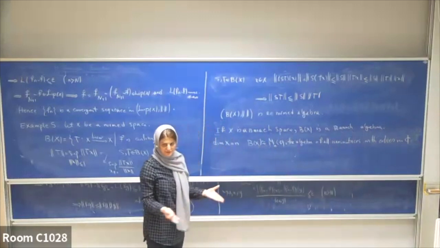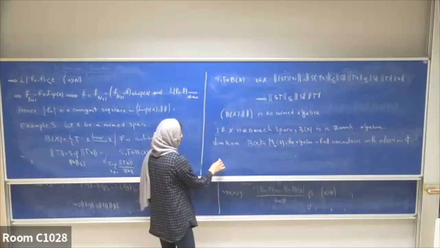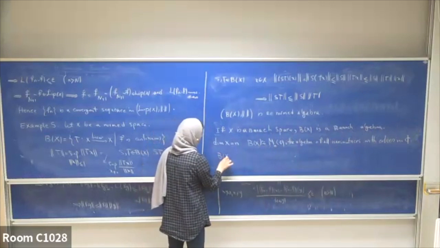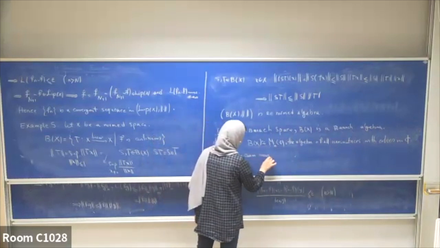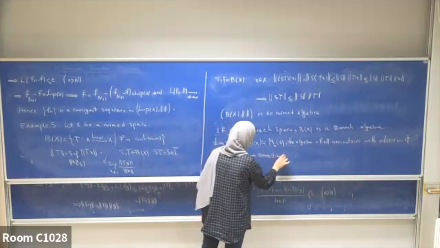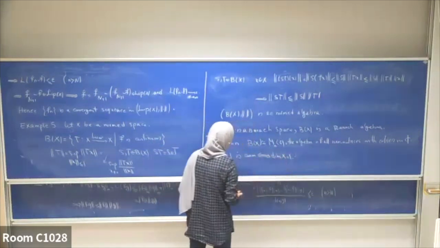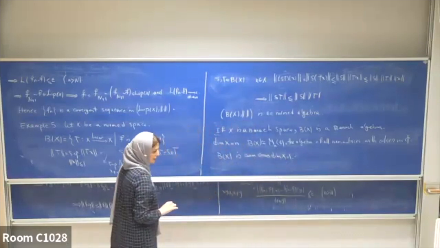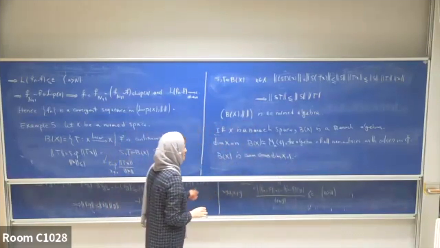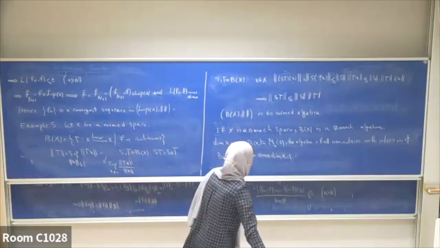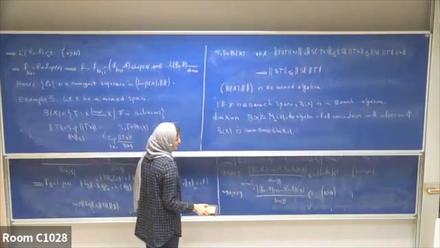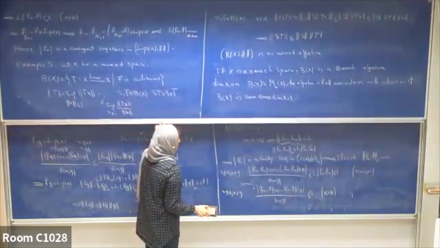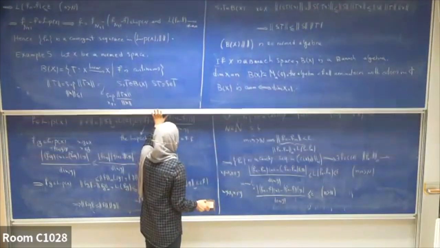It means that B of X is just C. So B of X is commutative if and only if X is one dimensional. So in the other cases, when dimension is greater than one, we have examples of non-commutative Banach algebras.